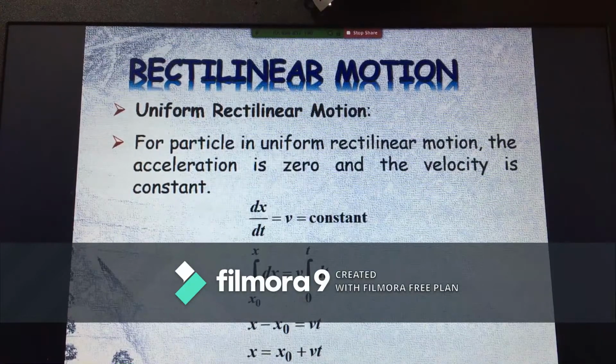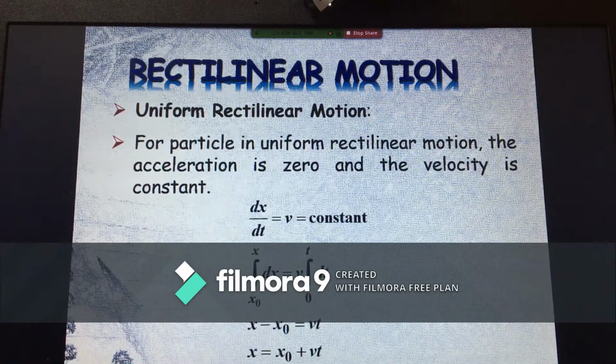So integrating, the integral of dx is x. Then substitute the upper and the lower limit, so we have x, the upper limit minus the lower limit, equal to the integral of v dt.